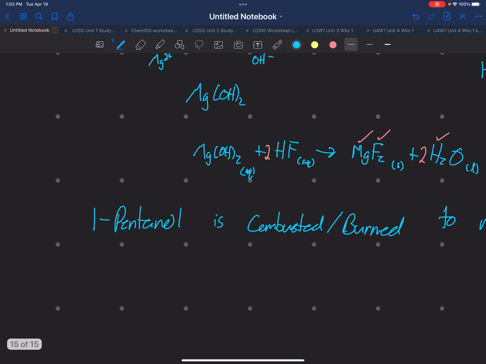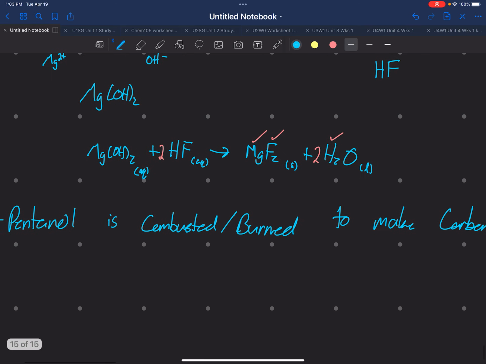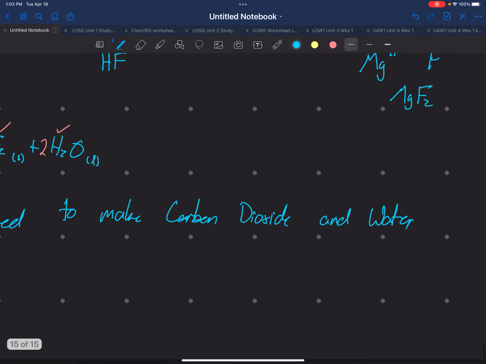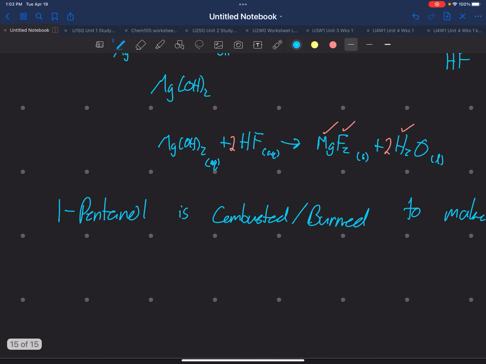Okay, 1-pentanol is combusted / burned to make carbon dioxide and water. So 1-pentanol, that's 5 carbons, 1, 2, 3, 4, 5 with the OH here, right? Because it's 1. So this is H3, H2, H2, H2, and H2.